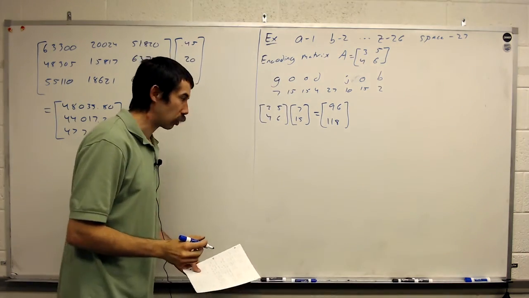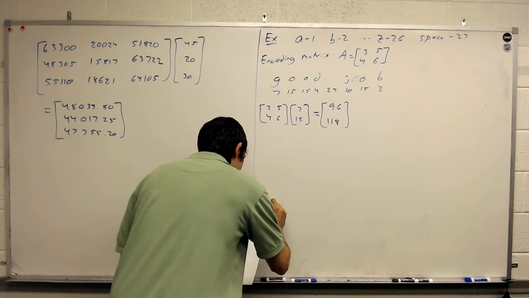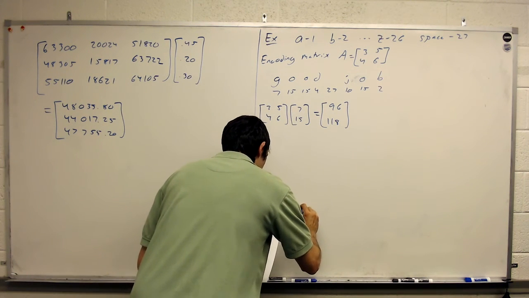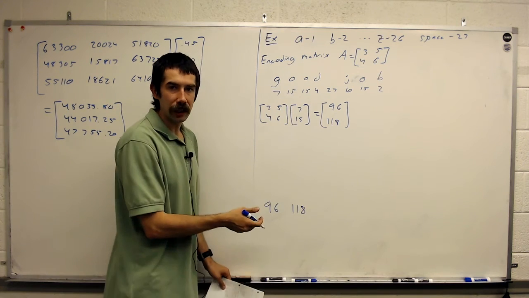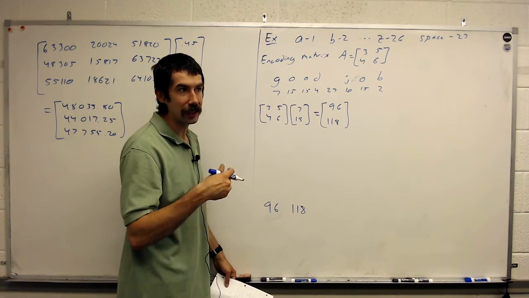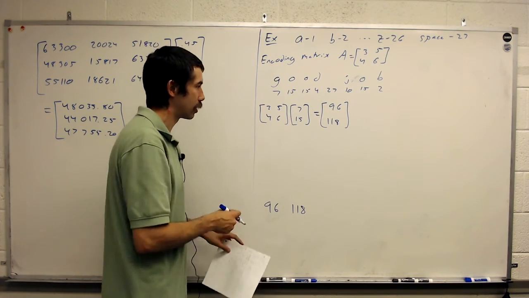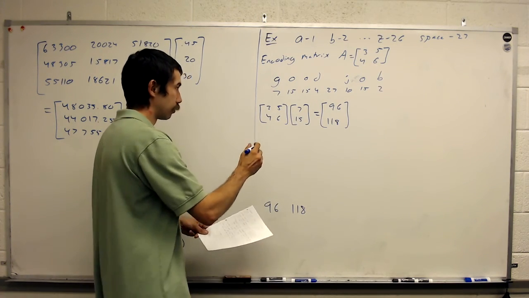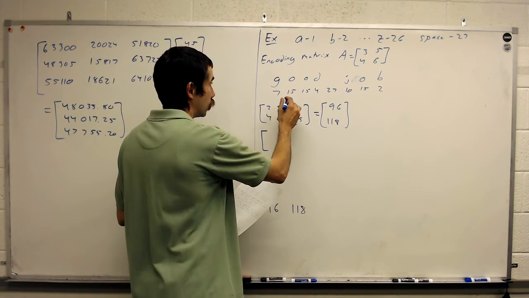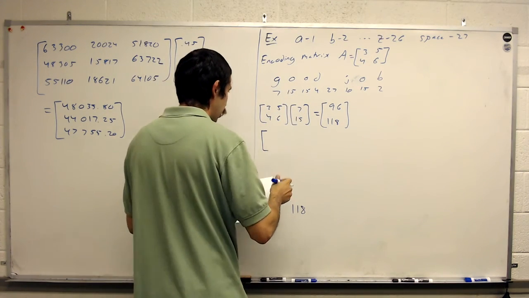So our encrypted message is going to start with 96, 118. It looks like gibberish, but that's good because it's an encrypted message. It should look like gibberish. We're going to talk about how to undo this eventually. So we've done the first 2. Let's go to the next one.